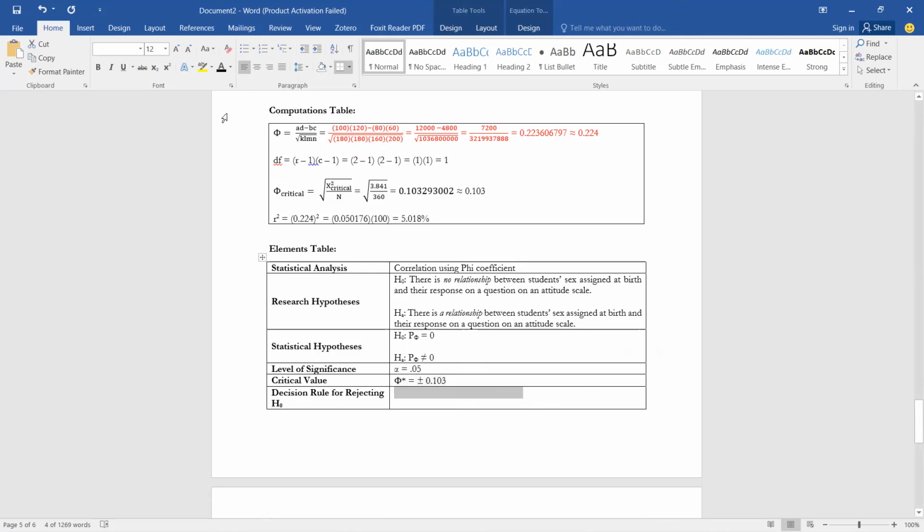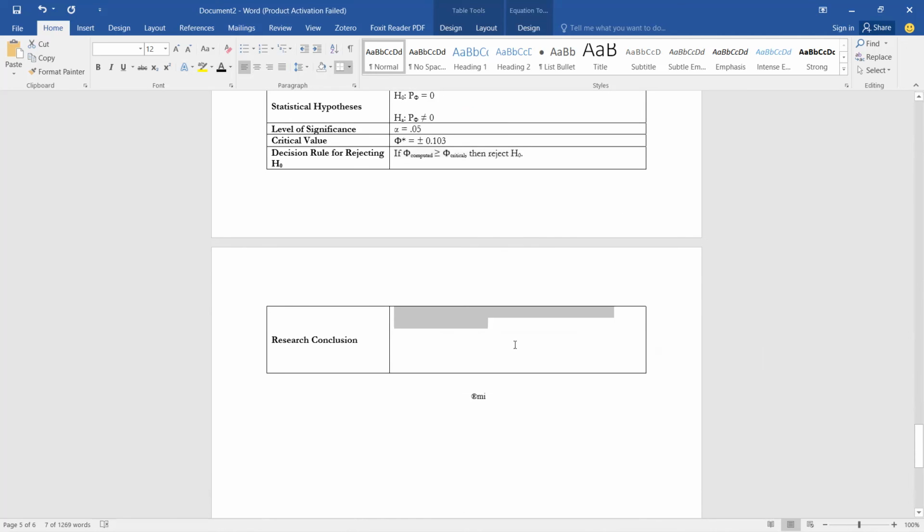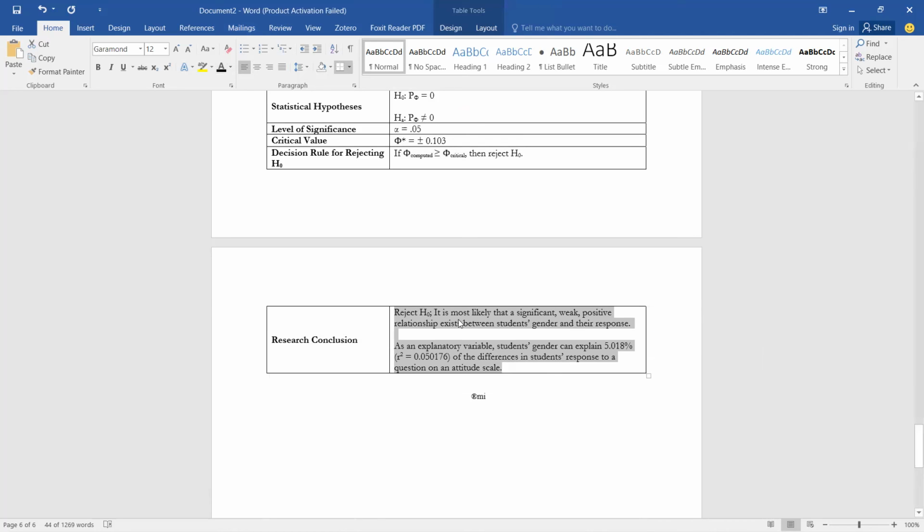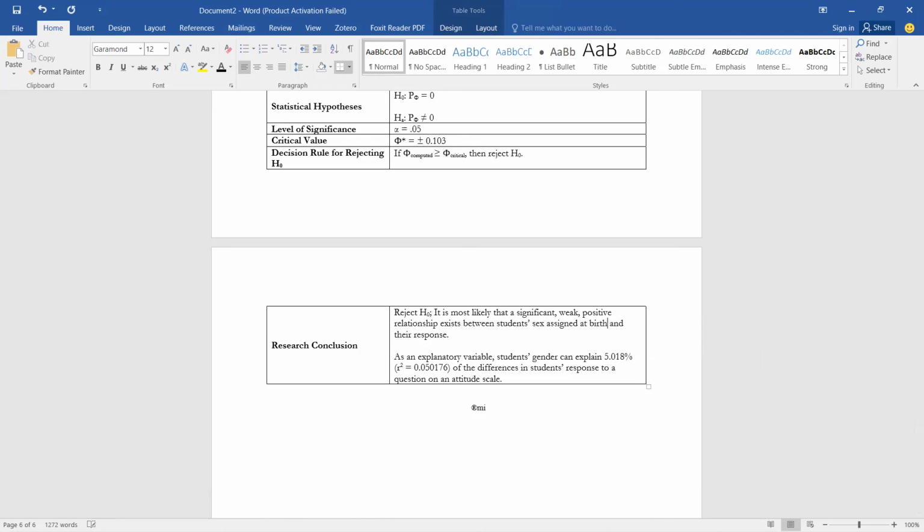The decision rule is straightforward. If the phi computed is greater than or equal to the phi critical, then reject H0. In this case, it is, so we reject H0, right? It is most likely that a significant, weak, but positive relationship exists between students' sex assigned at birth and their response on a question on an attitude scale.